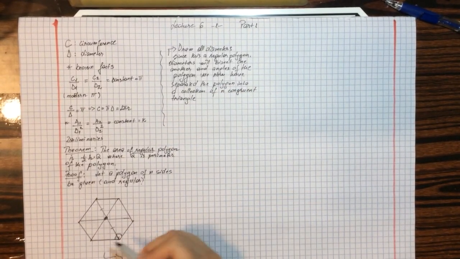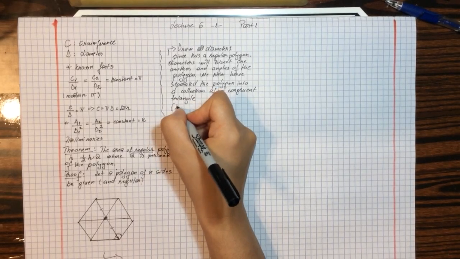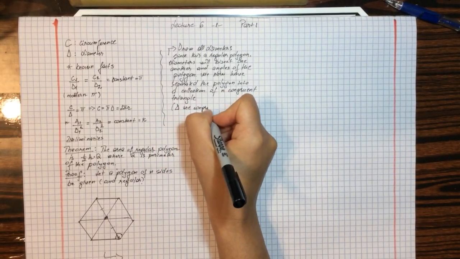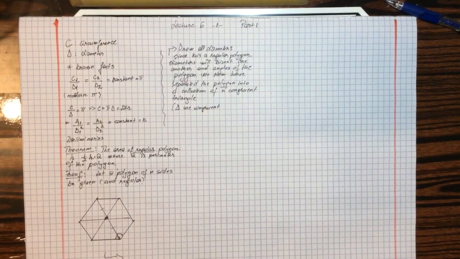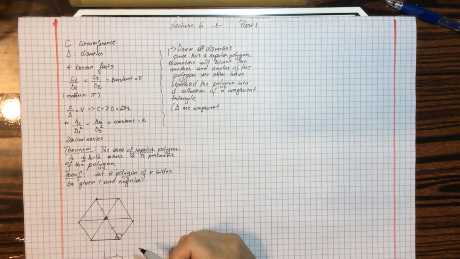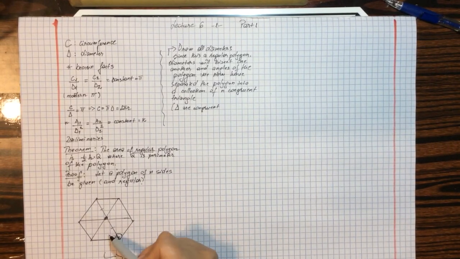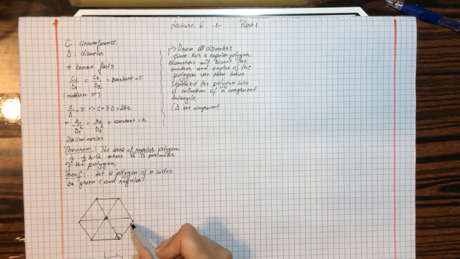Why are the triangles congruent? Triangles are congruent by any of the congruence schemes. For example, let's consider these two. This angle is equal to this angle.